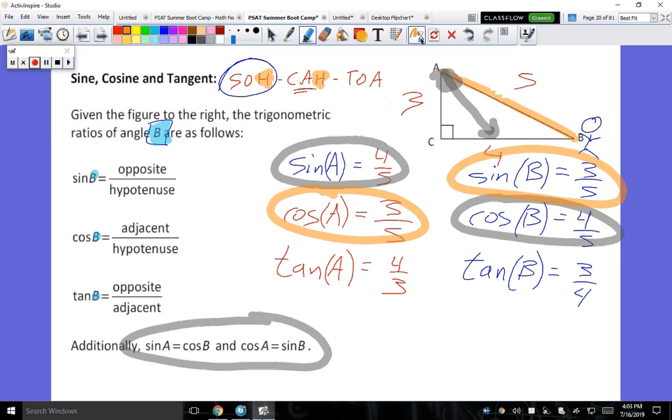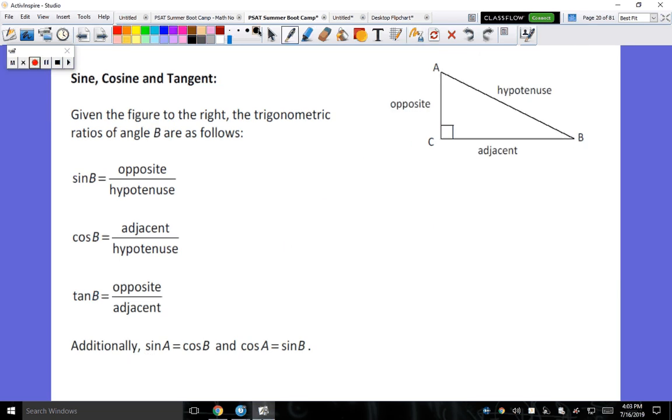Let me give you something. Let's see. What if you had something that looked like this? The sine of A, we'll say the sine of A is equal to 0.6.